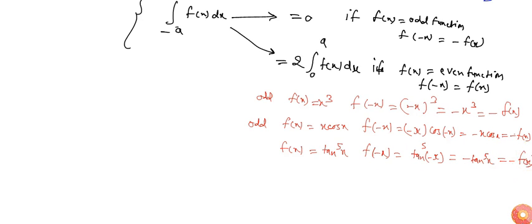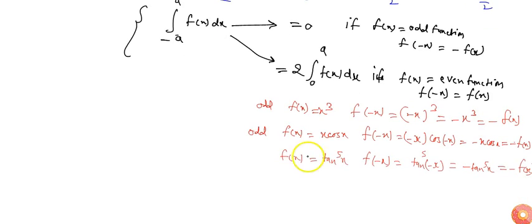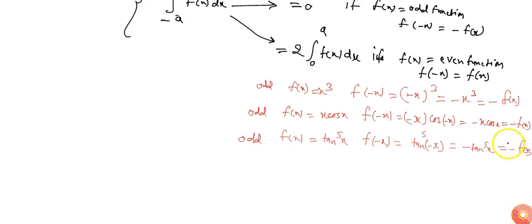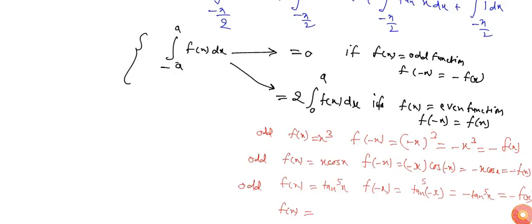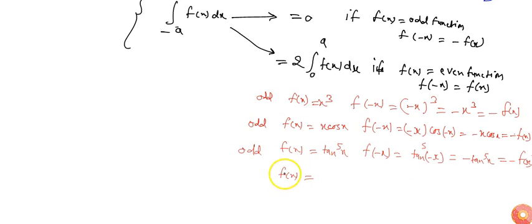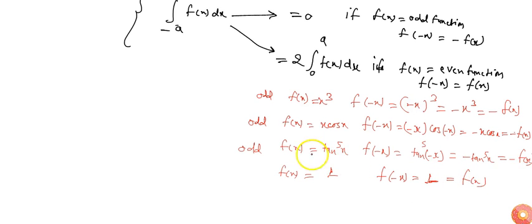So the third integration is also an odd function. Now for this 1 dx, if f(x) equals 1, f(minus x) will also be 1. So here f(minus x) equals f(x), so it is an even function.